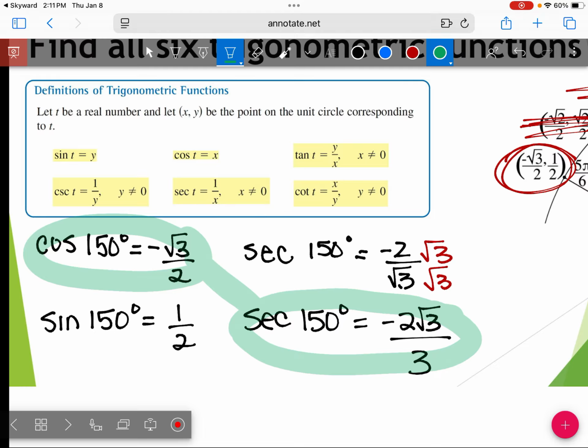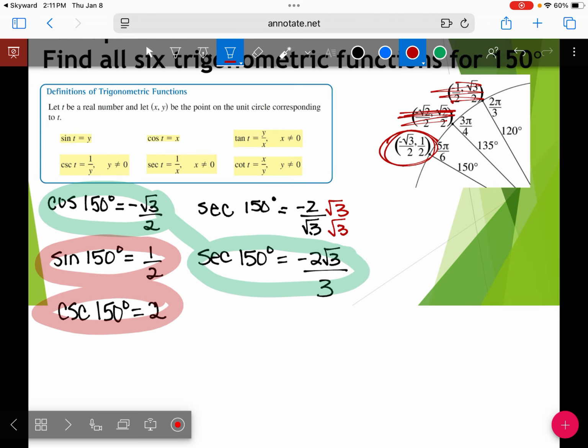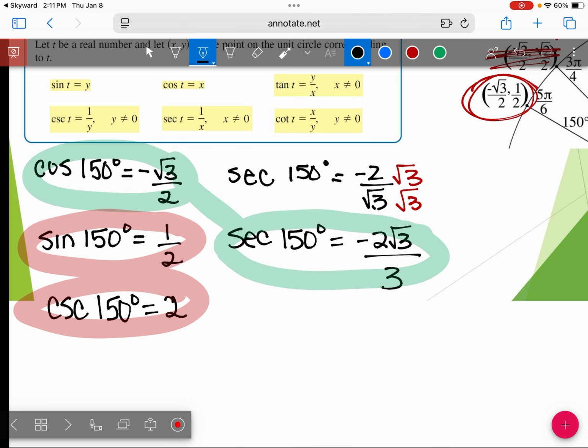All right, so now the cosecant, that's not hard because all we have to do is flip 1/2 and we get 2. Okay. So now we just got 2 more. And that's tangent and cotangent. Those are the worst ones.